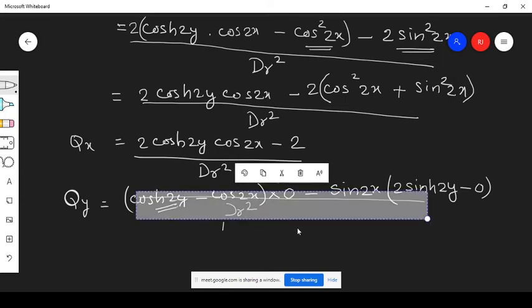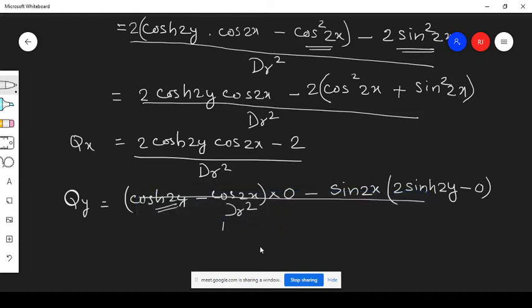Okay, so now that step is there. Cosh 2y minus cos 2x, by denominator square.